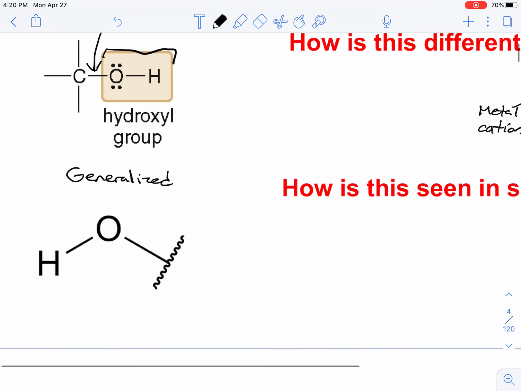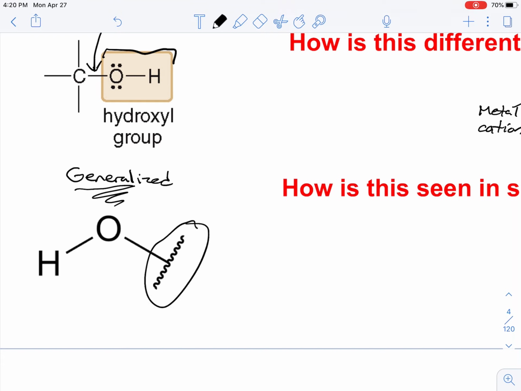We can generalize the attachment of this functional group, this hydroxyl group, onto an organic compound by drawing a squiggly line. What this squiggly line represents is any organic compound or any hydrocarbon. Let's specify it that way: any hydrocarbon.